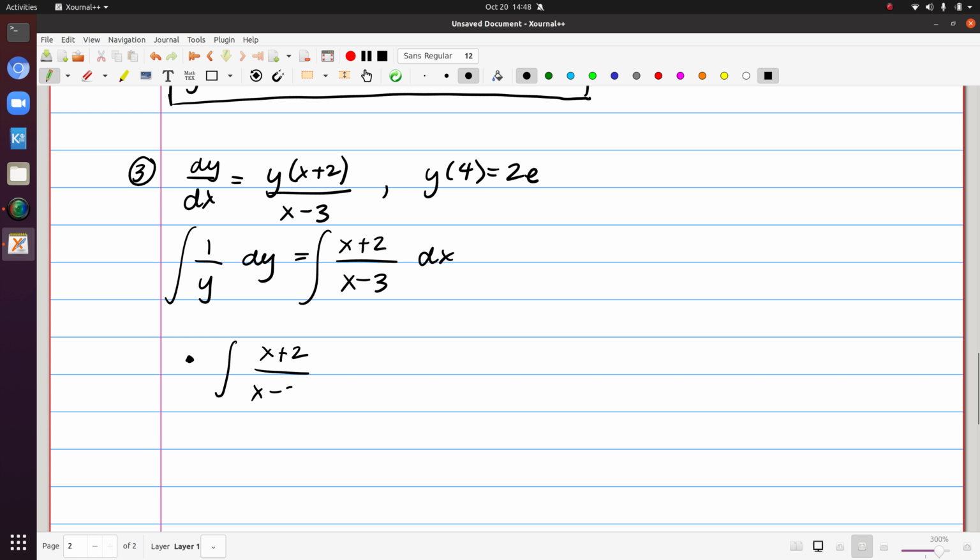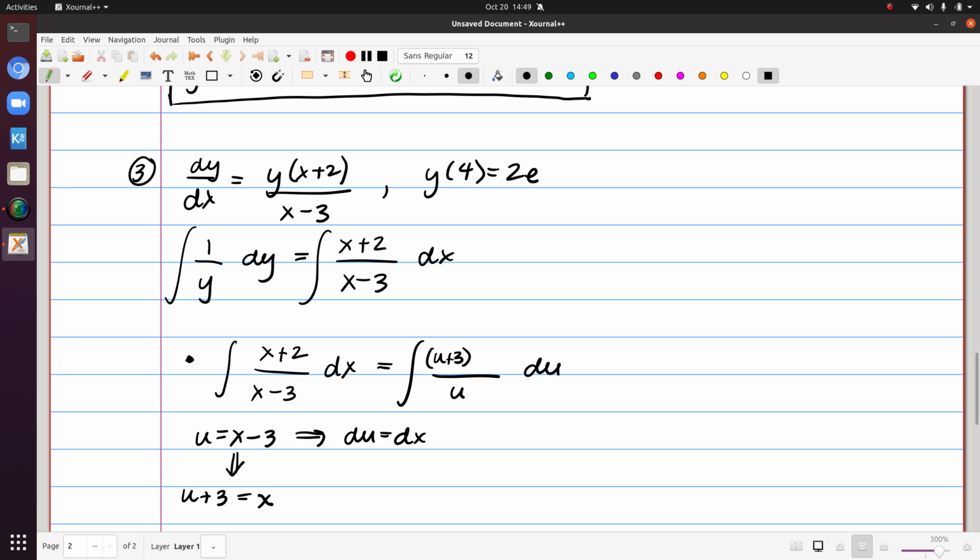So when I have this integral, the difficulty is the fact that we can't really break up that denominator. However, we could let u equal x minus 3. Then the nice thing about that is du is dx. So in terms of rewriting this, the bottom becomes u. We've got du here. But remember, I don't want to write x plus 2 in the top, but this can be rewritten to say that u plus 3 is equal to x. So we can really rewrite the numerator to reflect that.